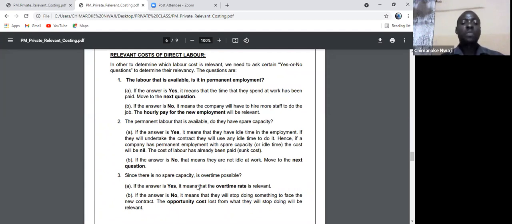Now, we move to the next question when we answered that it was permanent labor that is available. You ask, the permanent labor that is available, do they have spare capacity? What do we mean by spare capacity? It means that if you are working at less than 100% of your capacity, you have spare capacity.